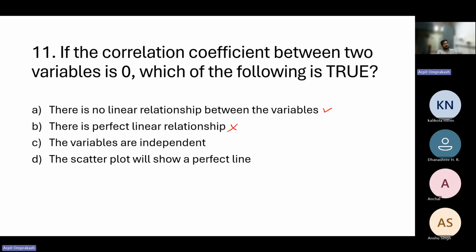A perfect linear positive is +1, and perfect linear negative is -1. So 0 is not this. The variables are independent. This is also incorrect because the variables might be dependent even when the correlation coefficient is 0. I'll just show you. The scatter plot will not show a perfect line because there is no linear relationship. So the answer here will be option A, which is true: there is no linear relationship between the variables.